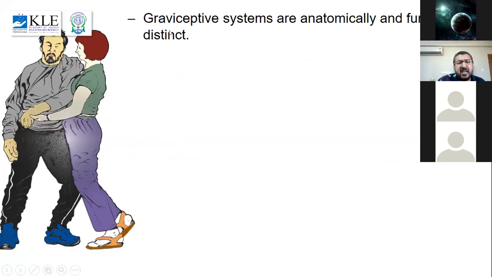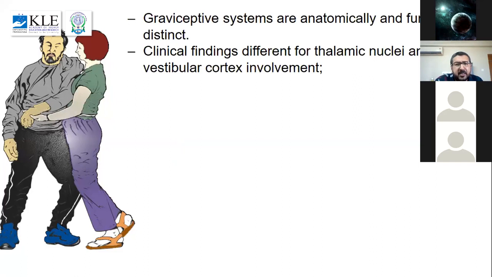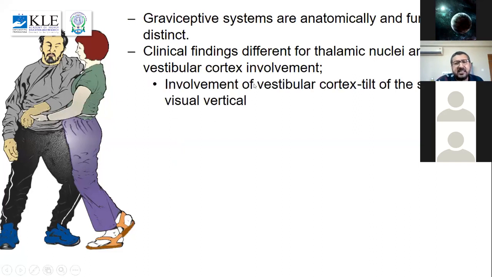As mentioned earlier, the graviceptive receptors, anatomically as well as functionally, are different. Now, if there is a lesion of the vestibular cortex, which is in the insular region, the subjects will have a tilted visual vertical.